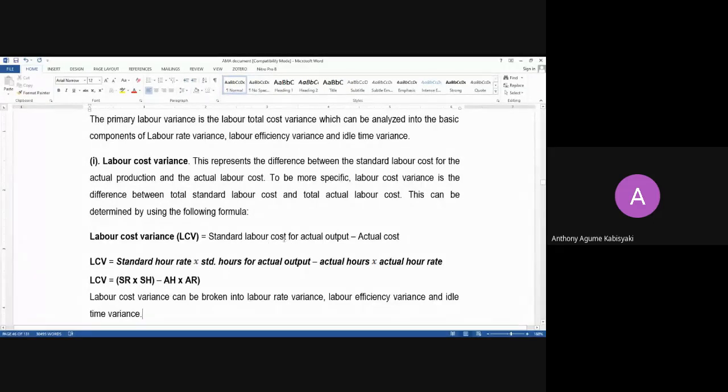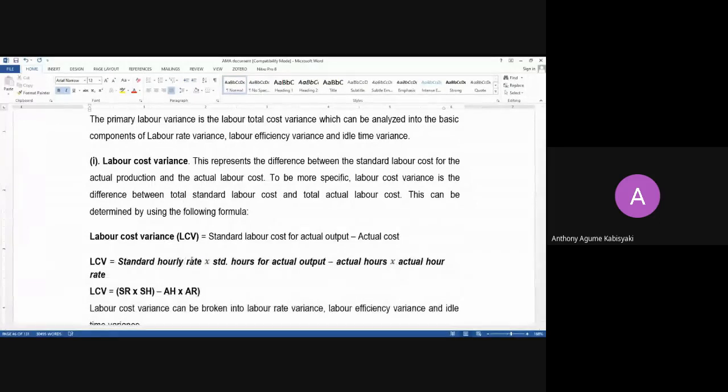So to get the standard labor cost for actual output, you need the standard hourly rate times standard hours for actual output, then minus actual hours times actual hourly labor rate. But that is if you've been given the hours, in case they tell you that the employees are remunerated on an hourly basis.